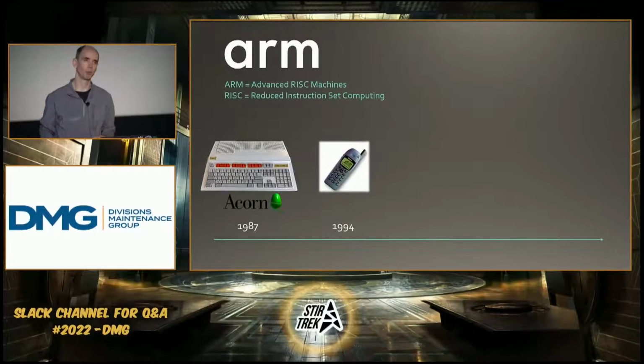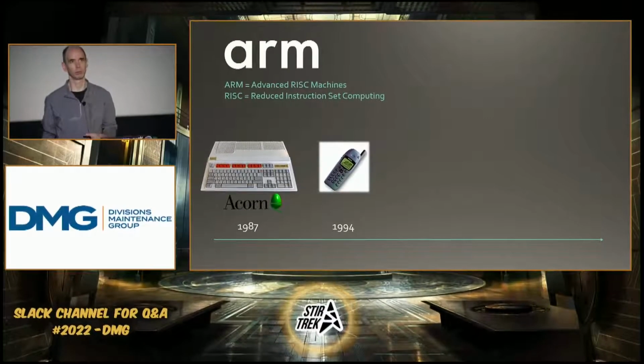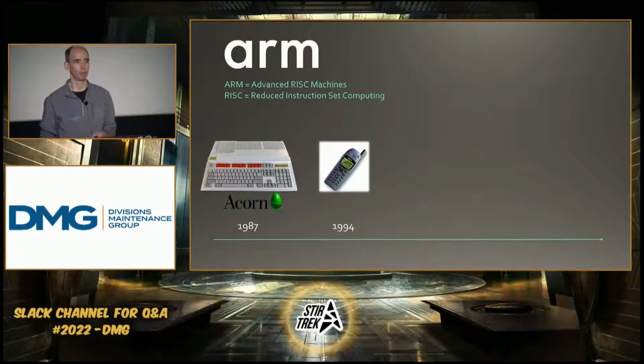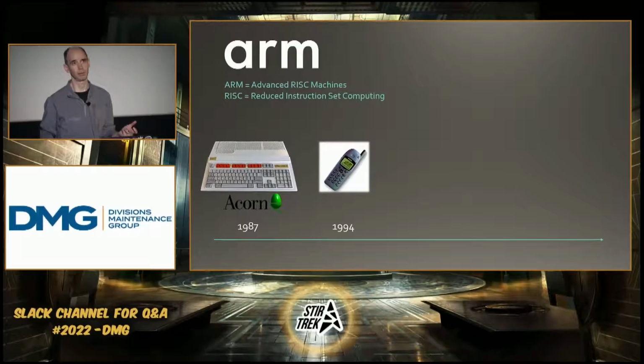Now fast forward a few years, and we've got the original Nokia GSM handset. And they selected an ARM architecture because of its low power characteristics. They could get a long battery life out of this. And they were doing something relatively complex for the day in terms of handling the mobile signal.